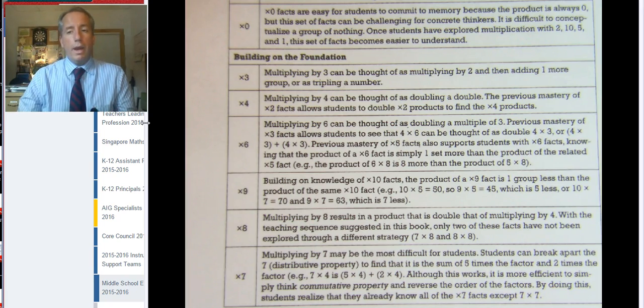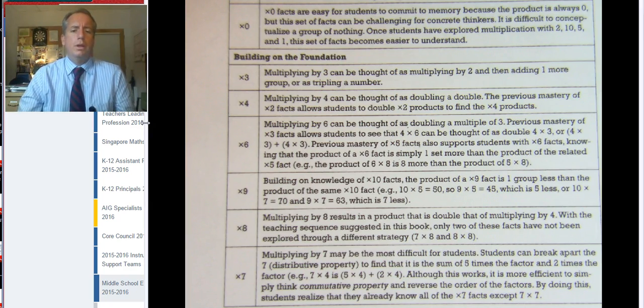I probably don't need to ask you guys why 7 would be last. You probably live that dream all the time. 7s are tricky for kids. 6s, you can figure out our times 6 because that's doubles and triples. We can do it times 5 and 1 more. We can do all those things. Our 9s we can think of as 10 groups of 10 less 1.